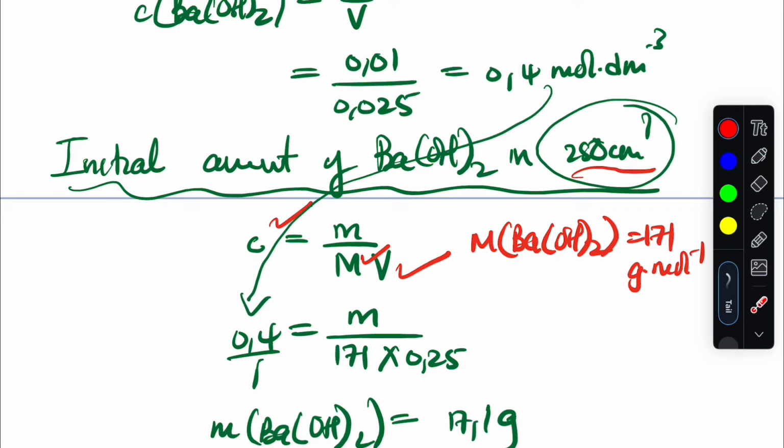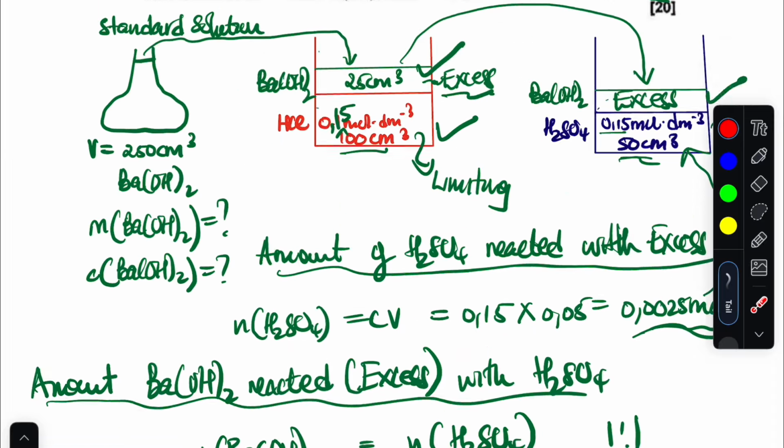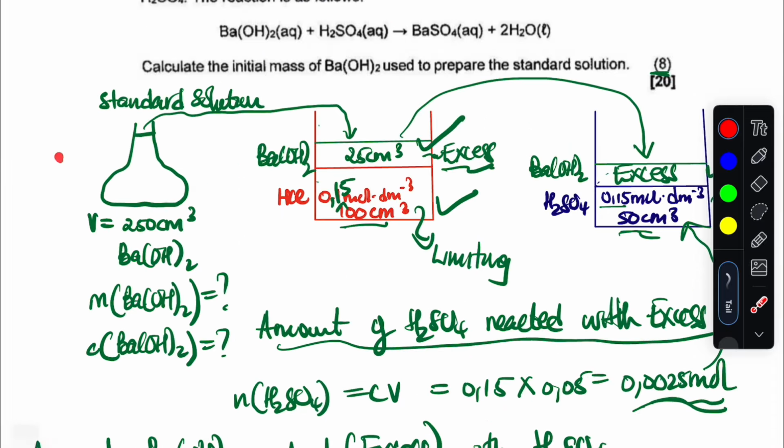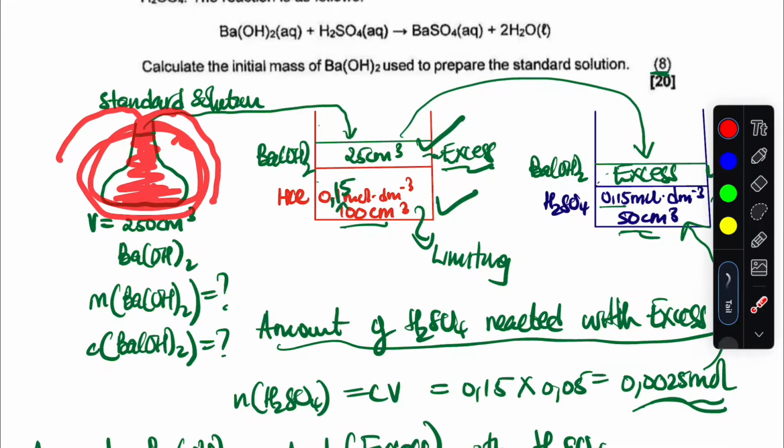grams. So this standard solution, when it was prepared, 17.1 gram was added here as a solid, and then distilled water was added and filled to the brim to make the 250 solution. In this 250 solution, the 25 cubic centimeter was reacted with the HCl there. So when these two reacted, there was an amount that remained, which is an excess.